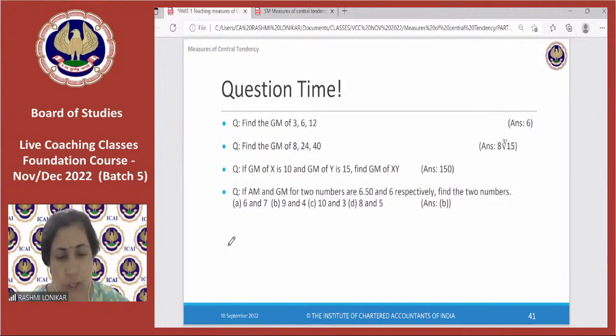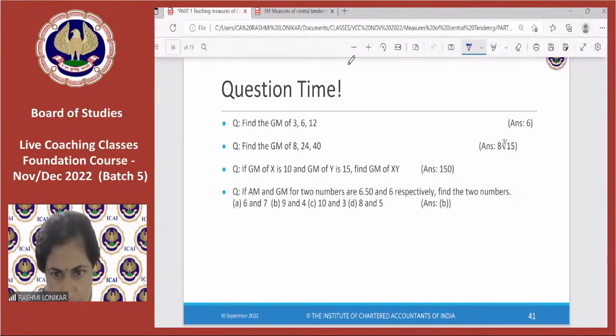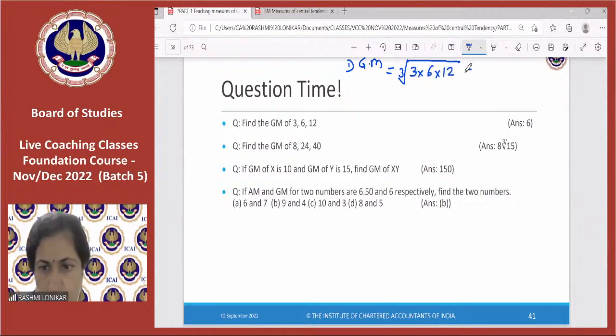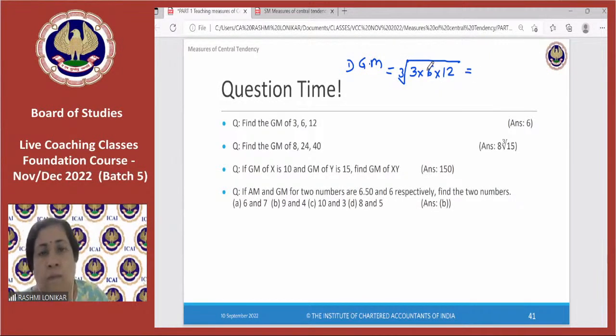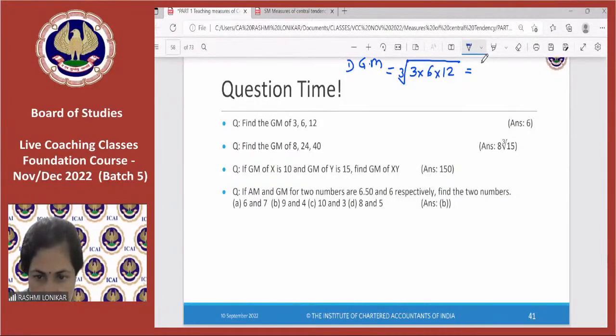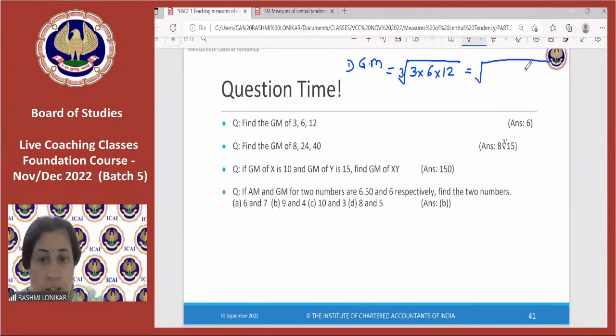First sum, find the geometric mean of 3, 6, 12. Geometric mean will be equal to, how many numbers are there? 1, 2 and 3. So I will take the cube root of 3 into 6 into 12. Now, I have to write the numbers in such a way that I form groups of 3, because it's a third root.